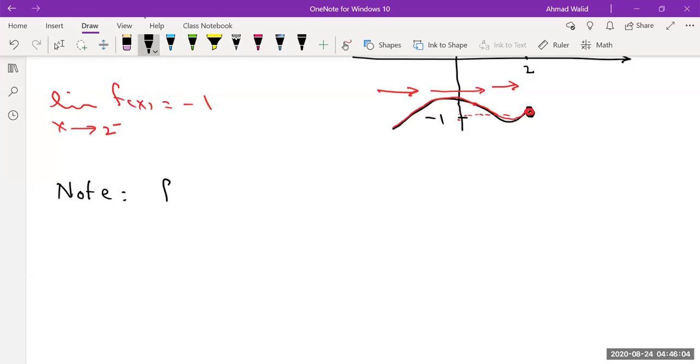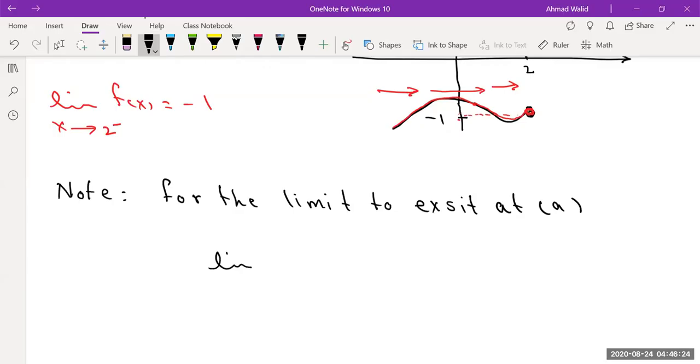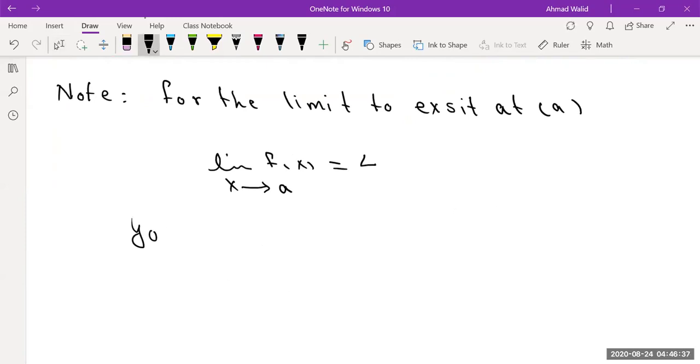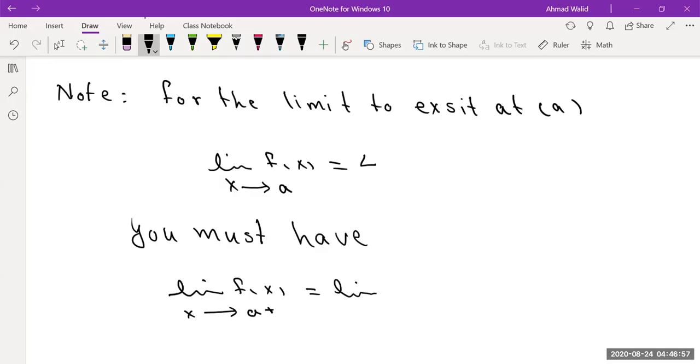For the limit to exist at a point A, which we denoted like this, the limit of f of x as x approaching A gives you L, you must have the limit of f of x as x approaching A from the right equal to the limit of f of x as x approaching A from the left.